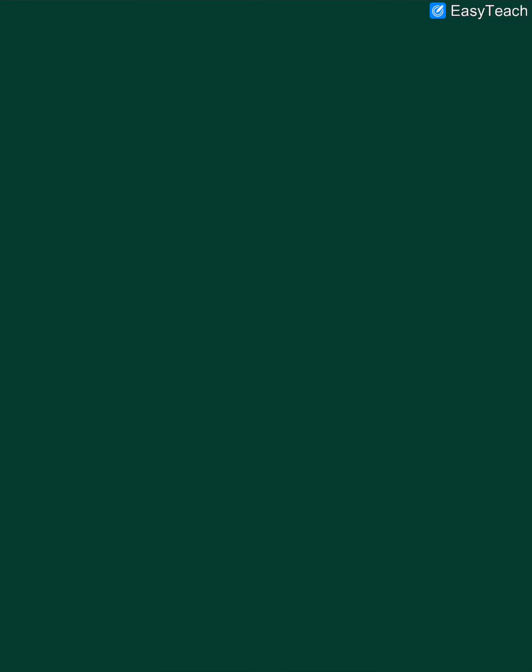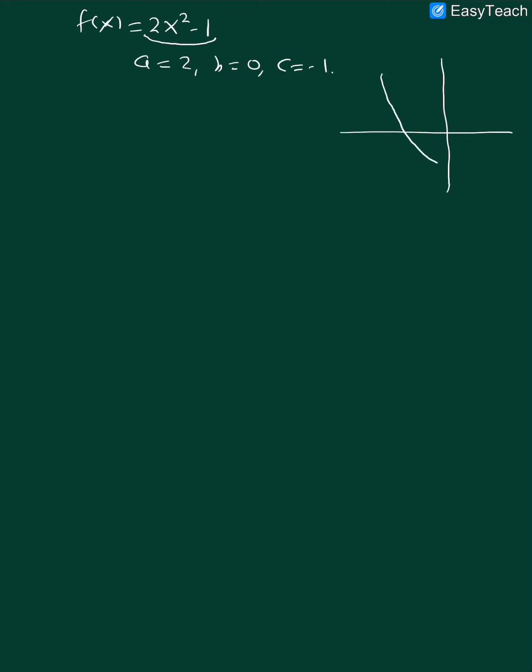Also, there exists a quadratic function satisfying this result, or we can say that the equality exists if we suppose f(x) equals 2x² - 1. Then clearly a is 2, b is 0, c is -1. For this function 2x² - 1, the graph is something like that.